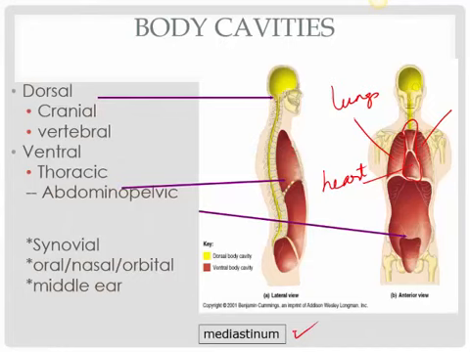There are other important structures which also lie between the two lungs and in the mediastinum. We'll do those later. So in the thoracic cavity, the important structures are the lungs and the heart. You have other structures as well, but these are the important structures.